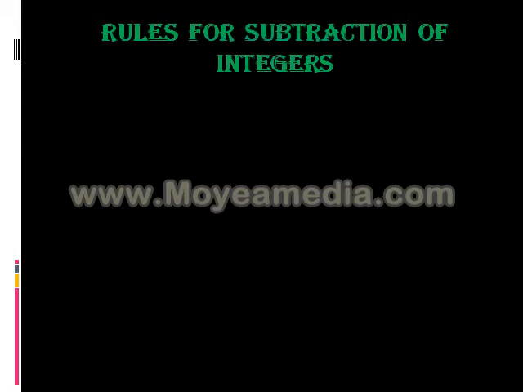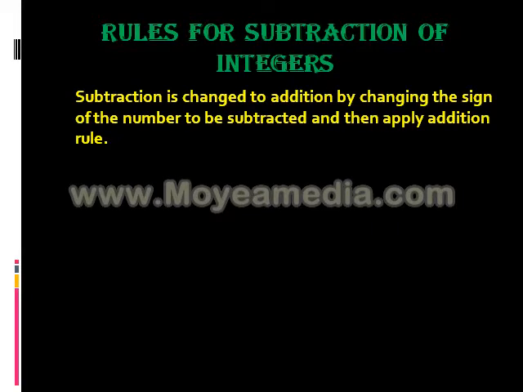And now let's see, by doing all these examples, what do we conclude? The rule for subtraction of integers: subtraction is changed to addition by changing the sign of the number to be subtracted and then applying the addition rule. You already know the addition of integers.